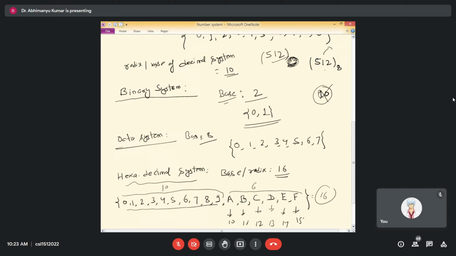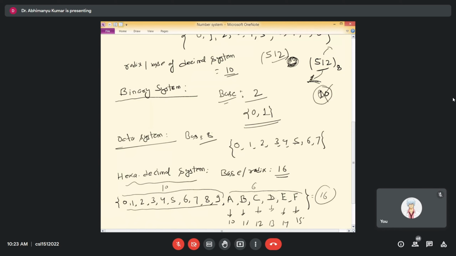So now we can convert this to the equivalent decimal value in order to know the value of this quantity. Whenever we say the value of any quantity, we are indirectly talking about its decimal equivalent.